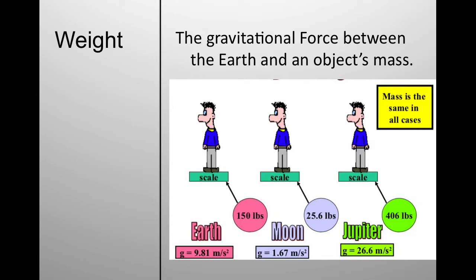If we take that same person with the same mass and put him on Jupiter, for example, where the gravity is 26.6 meters per second squared, the pull of the gravity of that planet would be greater than that of Earth, more than twice that. So therefore, he would feel like 406 pounds instead of just 150 on Earth.